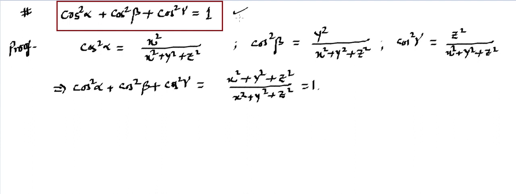That means this relation is an identity, and it's true for all values of alpha, beta, and gamma. It's very similar to how we write cos square theta plus sin square theta as 1 for all angles of theta. Similarly, for all directions, alpha, beta, gamma behave like an identity, an important aspect.